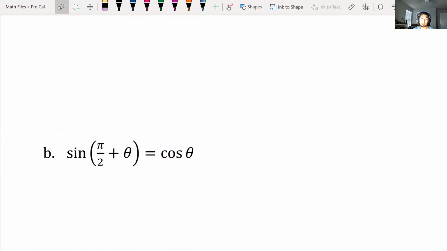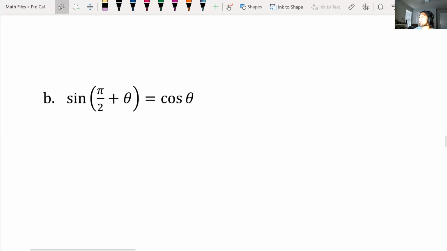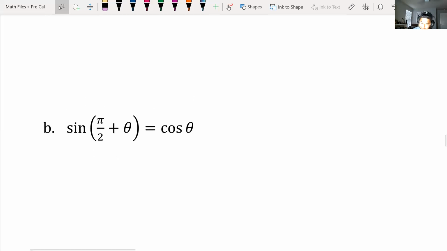Now, B. Prove that sine of pi over 2 plus theta is equal to cosine theta. You want to start with the left side or the right side? Let's go right side. You might have to, but it could work if you use the complementary angle theorem on the right side.